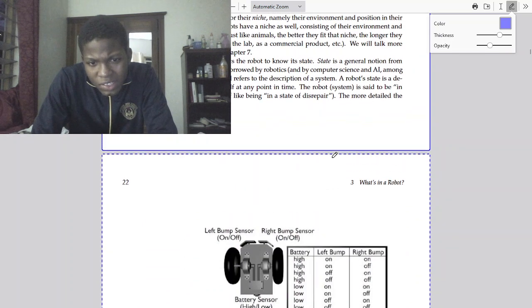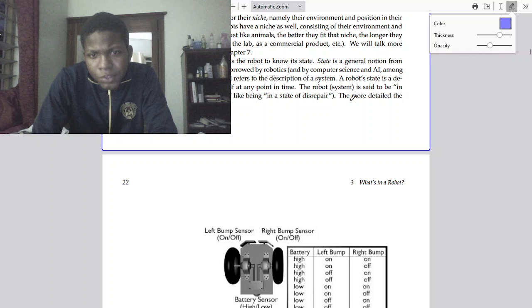I can't really highlight anything yet. I'm actually having to pay attention right here. The robot system.